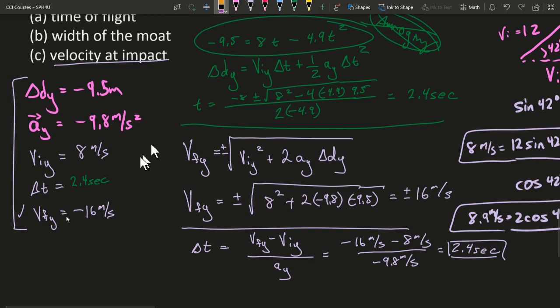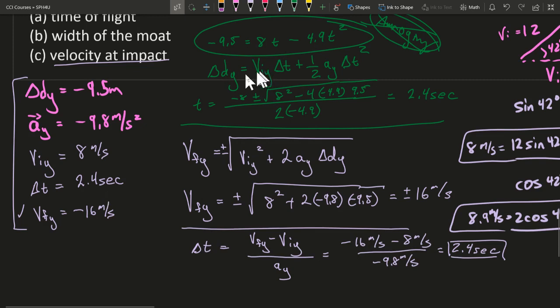So I'm going to erase this green 2.4 and write that one. Now again, why did I do that? Because look at how easy this calculation is. This is basically 16 plus 8 divided by 9.8, and I got 2.4.